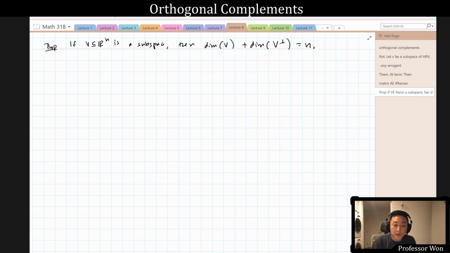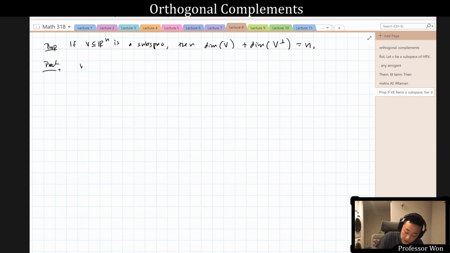If you take all of the vectors that are orthogonal to V, and you sum up the dimensions, you will get the dimension of the entire vector space. Okay, and this follows from the rank nullity theorem in 308.